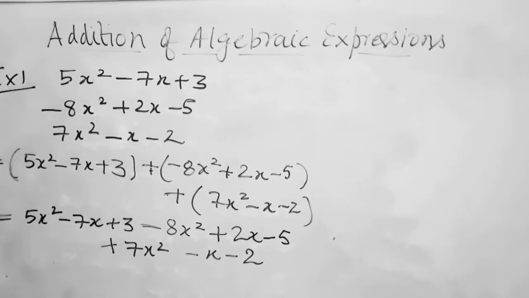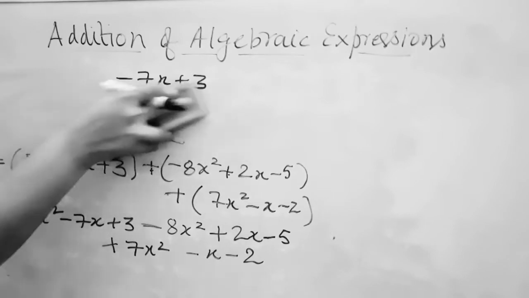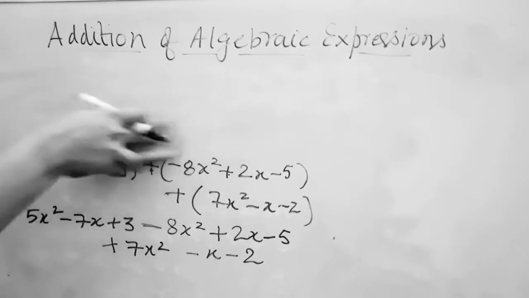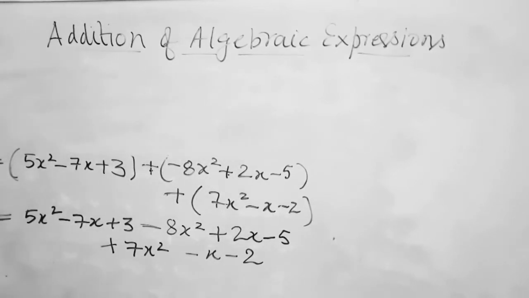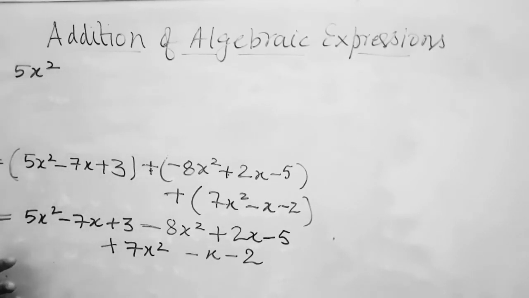Now what we have to do is separate like terms and unlike terms. You are going to write all the like terms together and unlike terms together. So 5x square, what is the like term for 5x square? Firstly, you have to reply to me in the comment section: what are like terms?